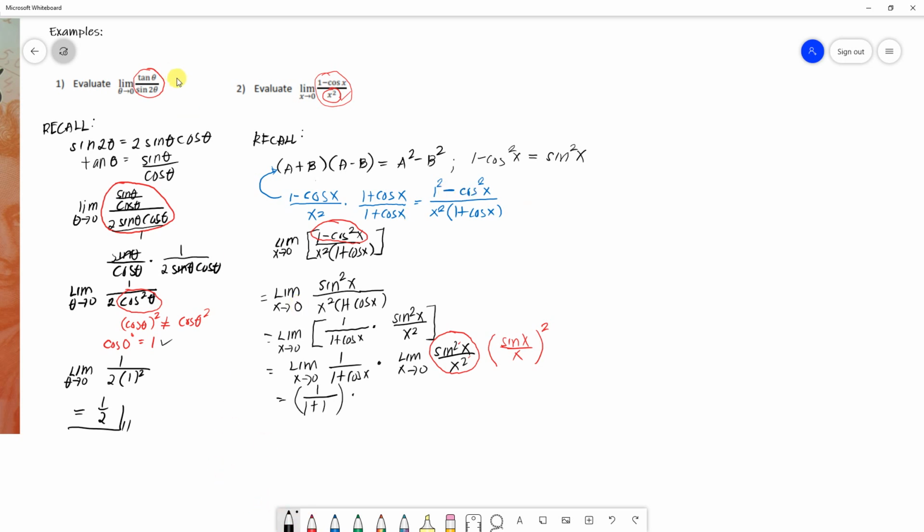Diba? Yung pinag-uusapan natin, theorem number 9, which is special limit. So, it means that the limit, ulitin ko lang, of sine x over x where x approaches to 0 is 1. So, we have 1 plus 1 is 2, times limit of this function is 1 according to theorem number 1, squared. So still, 1 squared is 1, times 1 half. The answer is 1 half.